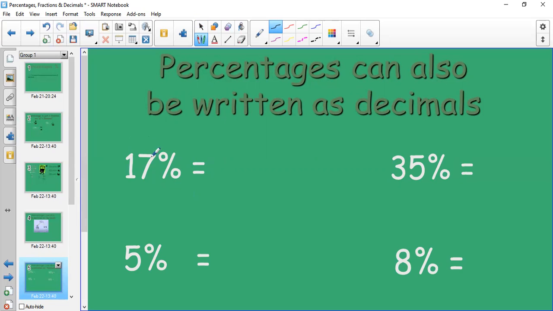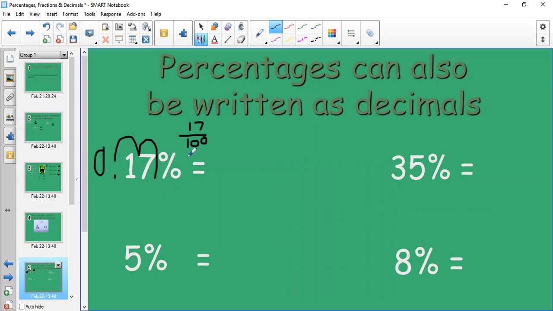So 17% here, if I want to change this into a decimal, all I am doing is dividing 17 by 100, because remember, percentages are always out of 100. So as a fraction, it would be 17 out of 100, but we want to write it as a decimal. So all you're doing is 17 divided by 100. And remember, when you're dividing anything by 100, the decimal point moves back 2 spaces, and we put our placeholder in.